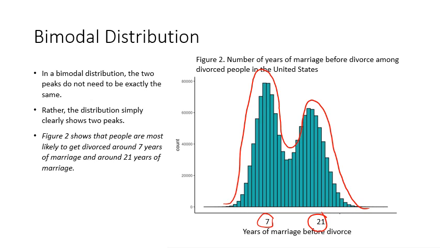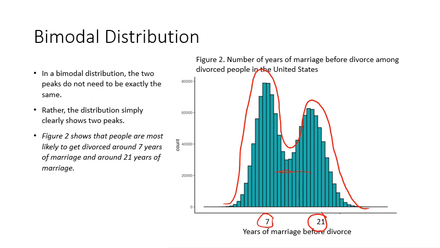Figure 2 shows that most people who get divorced are likely to have this occur around 7 years of marriage and again around 21 years of marriage. We might say this makes sense because during these middle years, the children, if they have children, are going to be in school and the parents are going to be very busy, and around 21 years, the kids are teenagers, it's kind of a stressful time in the home, and that might prompt more people to get divorced.